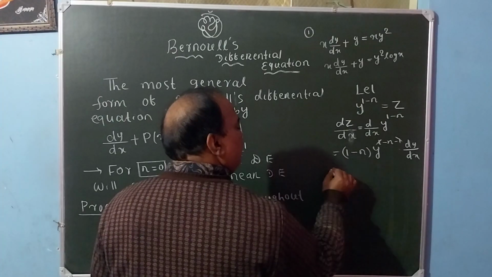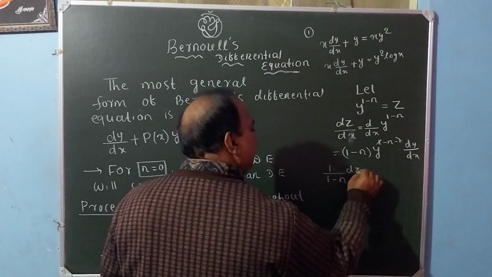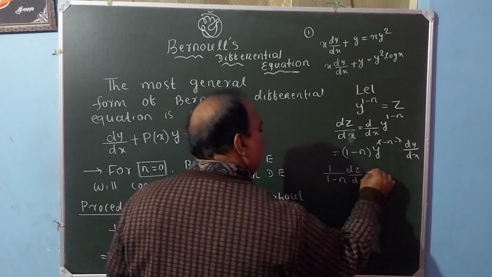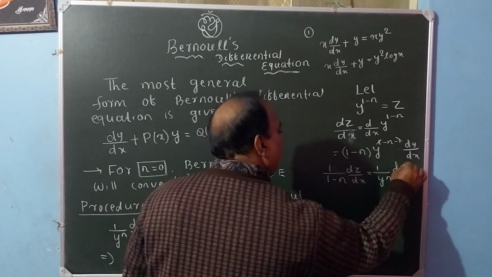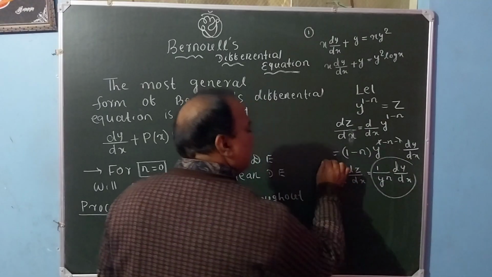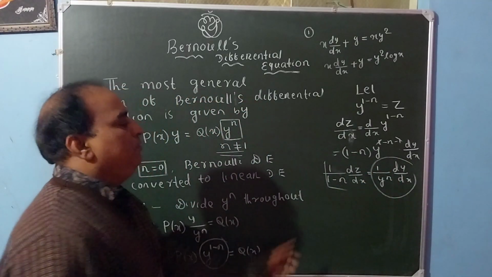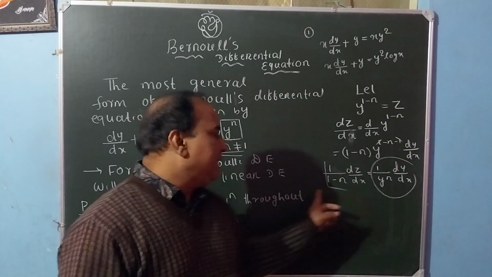So that will be written as 1 by (1 minus n) into dz/dx is equal to 1 by y to the power n into dy/dx. You see here, in place of 1 by y to the power n dy/dx, we have to put this quantity.